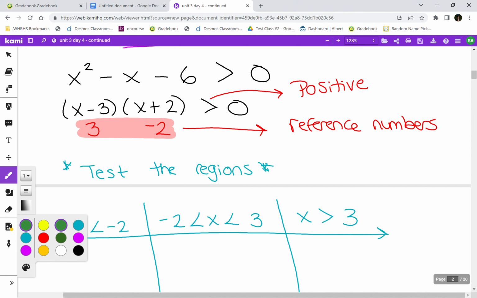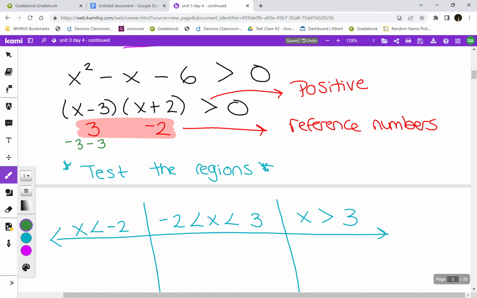We need a number that's less than -2. Well, what number is less than -2? -3. I wouldn't choose a huge number. Pick an easy number, so I would go ahead and choose -3. Then you plug -3 into the parentheses. So this would be -3 minus 3. I don't care what the actual number is, I just care what the sign is.